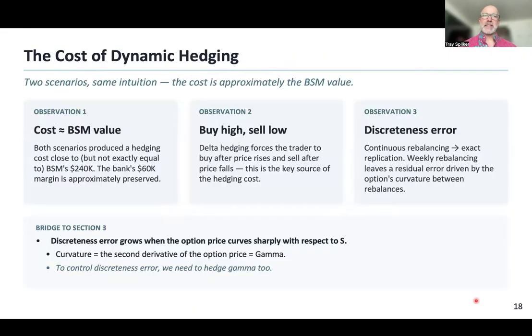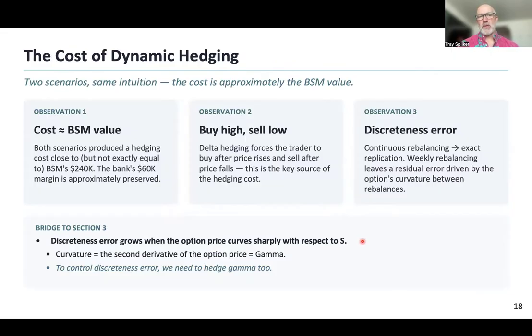Now, that's the takeaway here. The two scenarios, same intuition. The cost is approximately the Black-Scholes-Merton cost. And again, this error between the actual practical cost of hedging this position relative to the Black-Scholes-Merton model gives us this bridge to our next section.